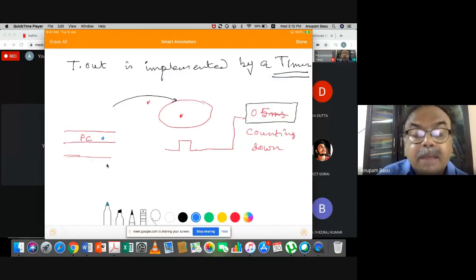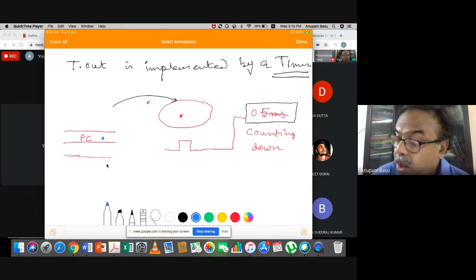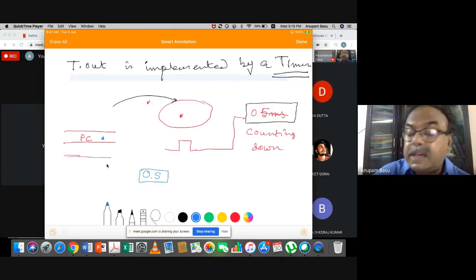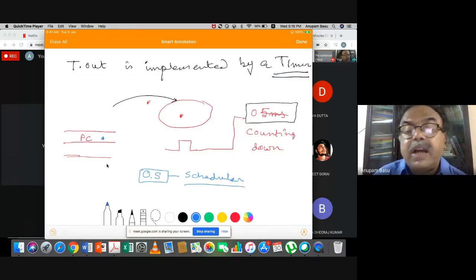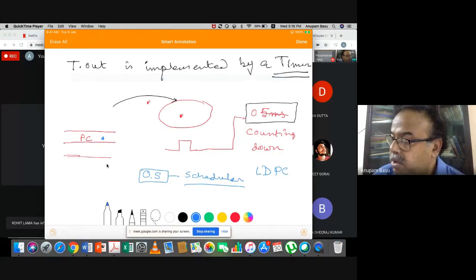Now, how, you can ask, how is that possible? The operating system has a particular module, which will be discussed in much detail later, known as a scheduler, which is a program. This scheduling program will have an instruction, I'm just giving some, say, LDPC with the blue program counter's value.